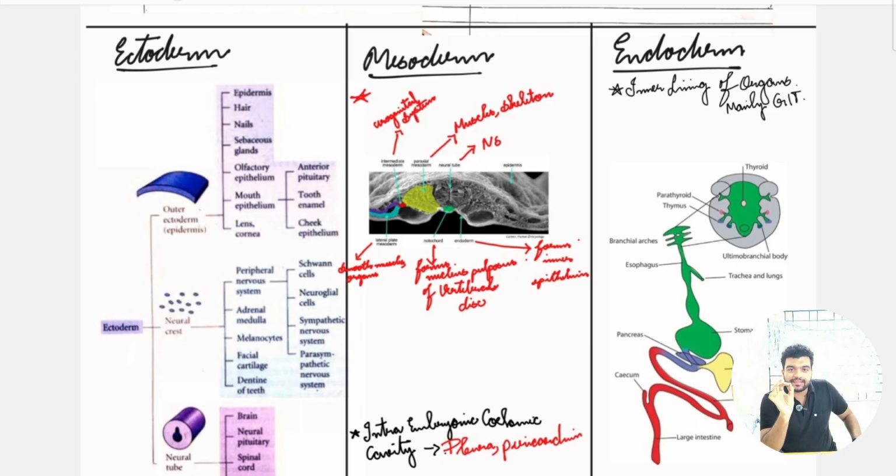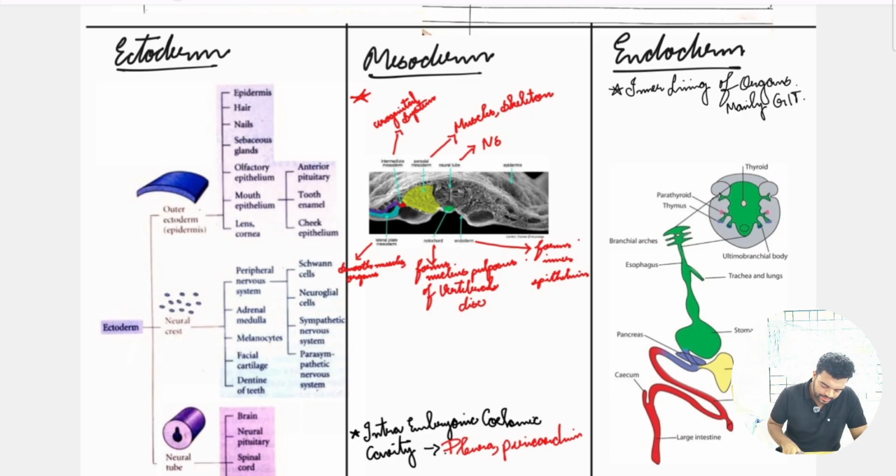So when the examiner asks what is the inner lining of this thing, if you don't know the answer, just mark endoderm. For the organs and the coverings of the organs, you need to go for mesoderm. And when it comes to the outer thing, it is going to be ectoderm. All the nails, skin, eyelids, everything will be formed by ectoderm. Okay, so that is all you need to know here.